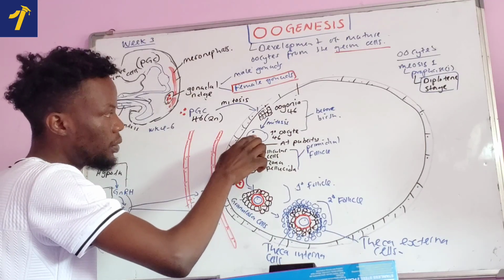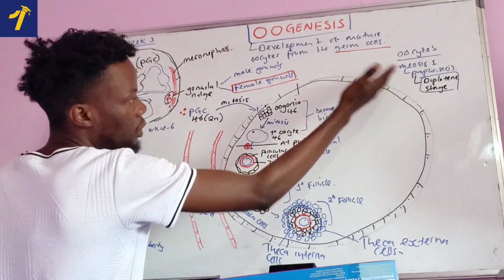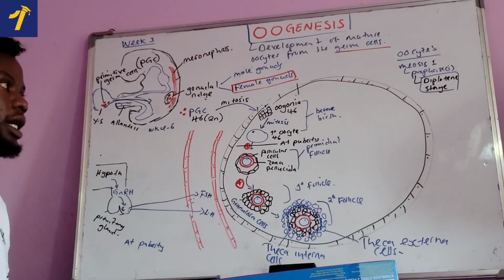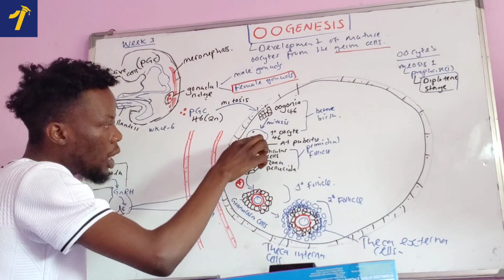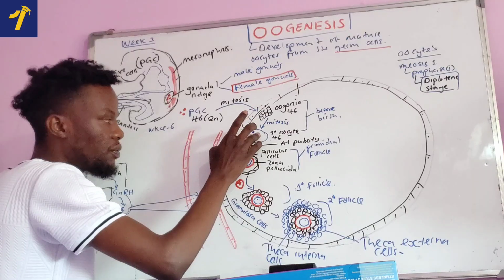This oocyte will start undergoing meiosis 1. That will be arrested in prophase 1, which is under the diplotene stage. After you have the primary oocyte, they are going to be arrested for some time.